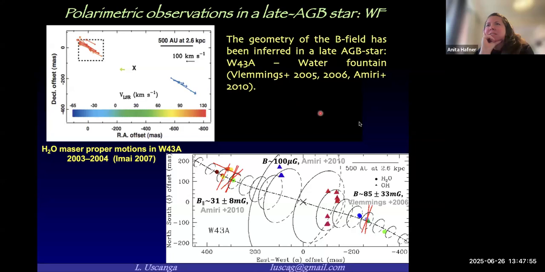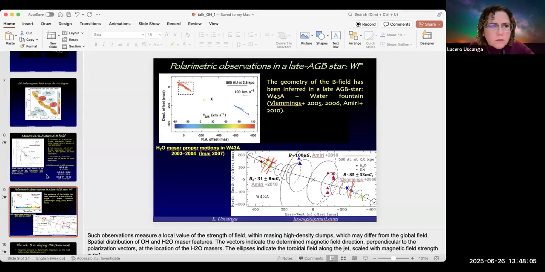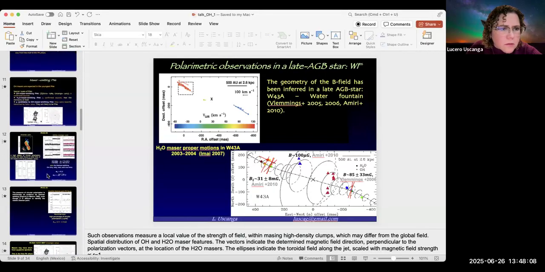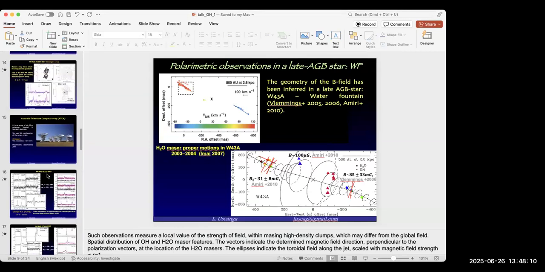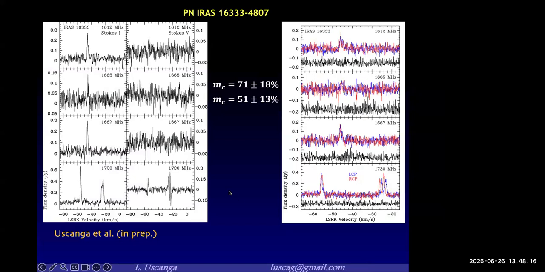Any more questions or comments? Yeah, sorry. Can you just remind me what the speeds are for the OH? Are we anywhere near that sort of 100? This one or this one?